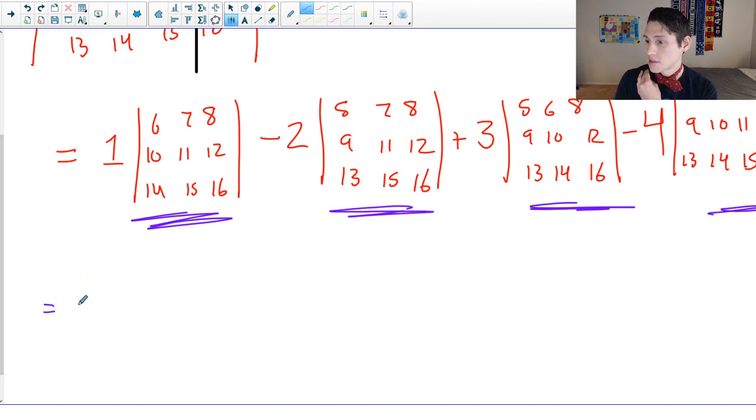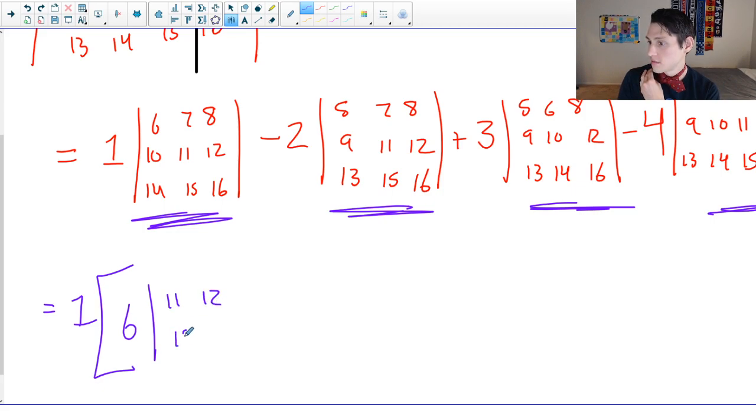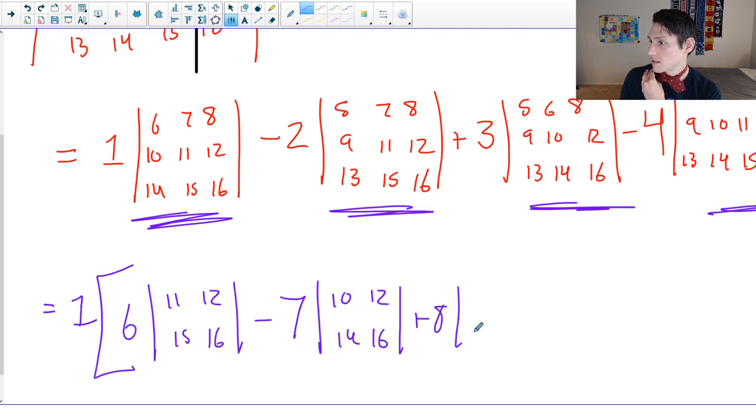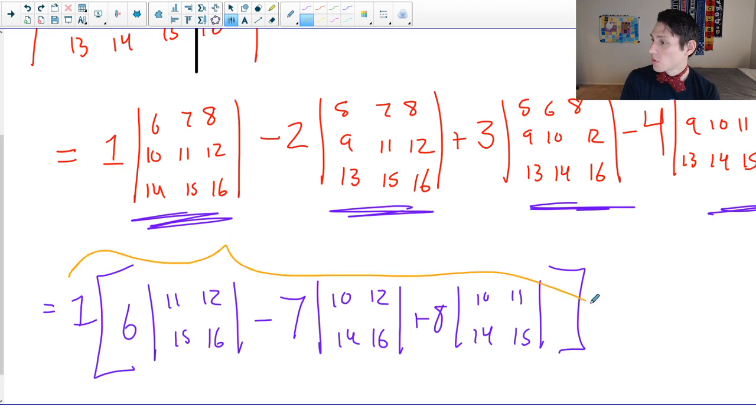Right, so this would turn into 1, and then 6, 11, 12, 15, 16, minus 7, 10, 12, 14, 16, plus 8, 10, 11, 14, 15. Right? And so this whole thing is just for this one term. But then we'd have one of these for each, the second term, the third term, and the fourth term.